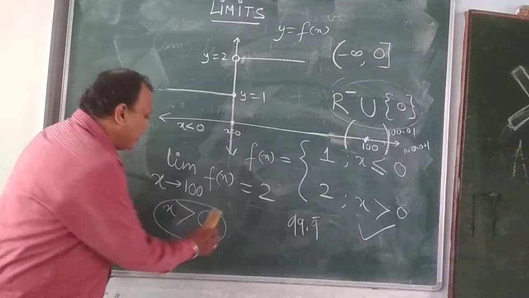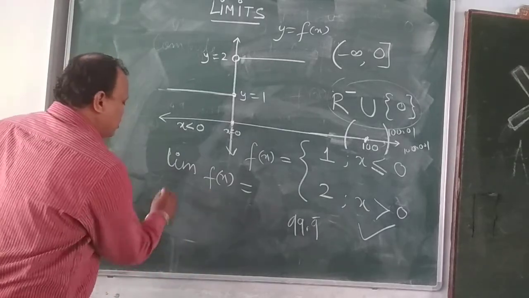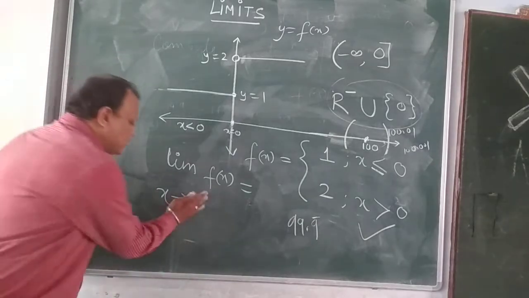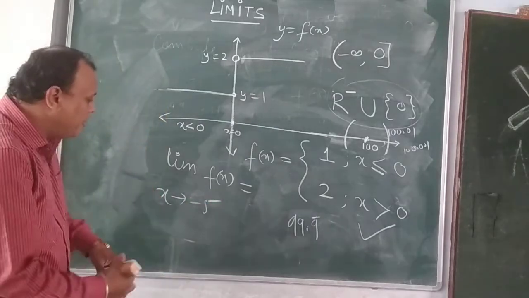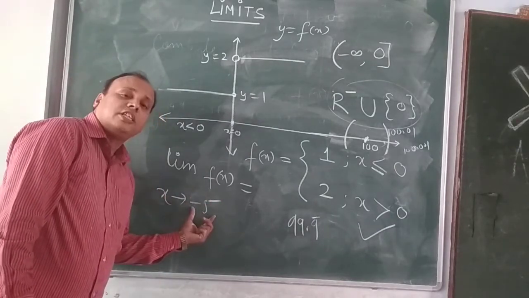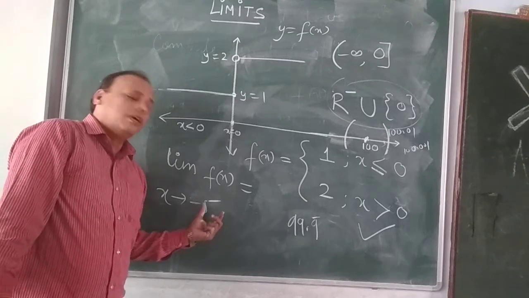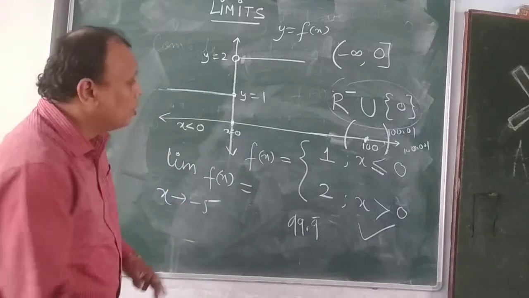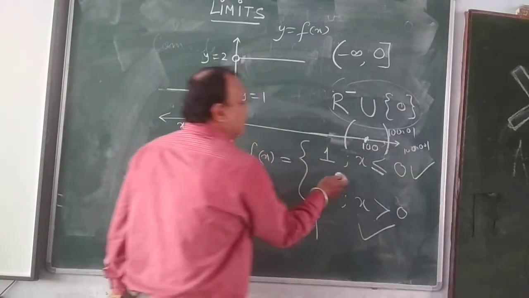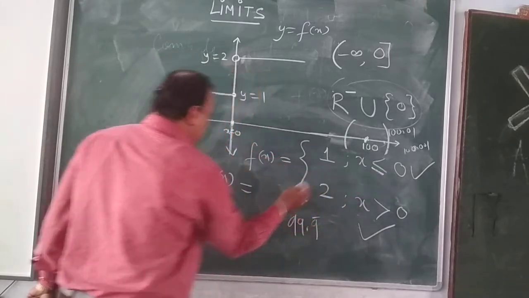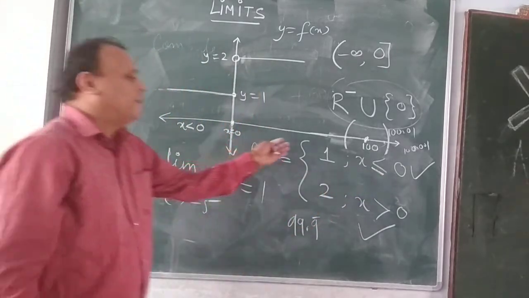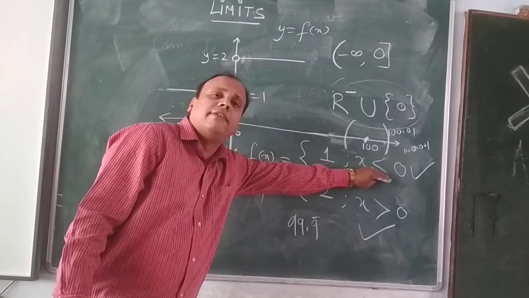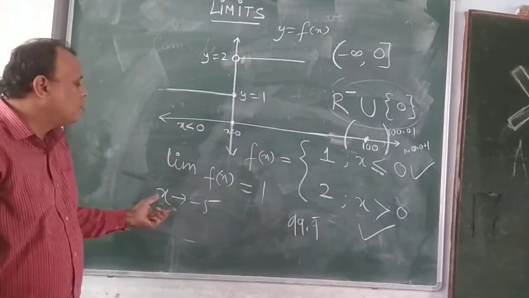In the same way, if anyone asks what is the value of the limit of the function as x tends to 5 or x tends to minus 5, immediately you can consider the neighborhood of minus 5. You can say that all those values which are approaching towards minus 5 are all negative. So we will take the subdomain x less than or equal to 0 and directly we will write 1, because we are already in the subdomain which is the negative real axis, and we are nearer to minus 5.